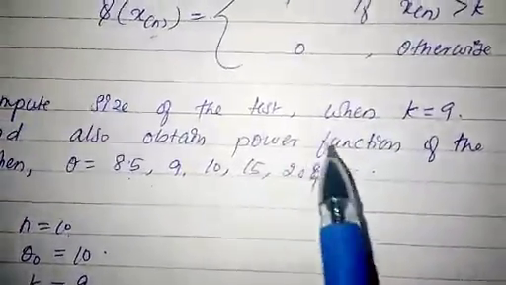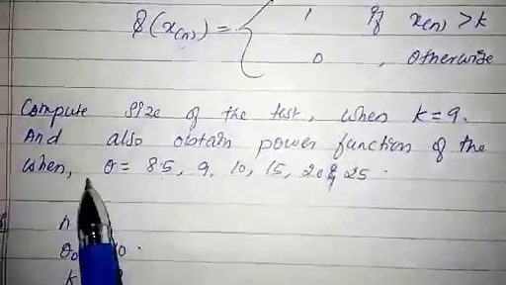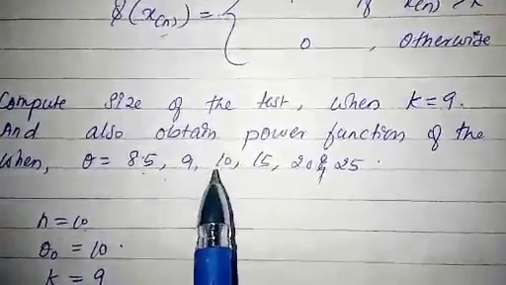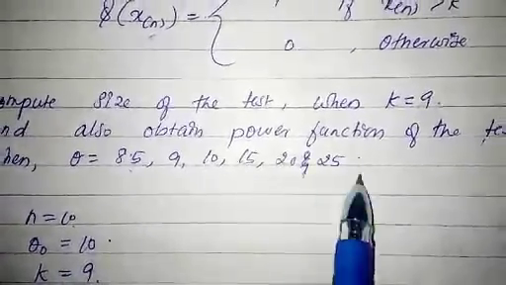Then there is one more question. We have to obtain the power function of the test when theta equal to 8.5, 9, 10, 15, 20 and 25. So what is the formula for the power function of the test?